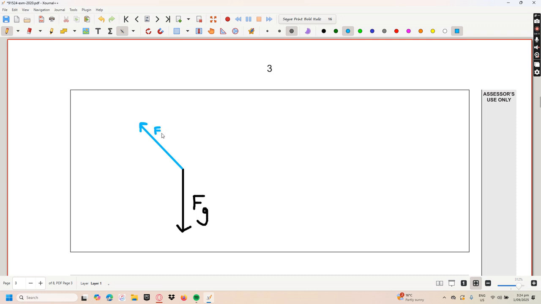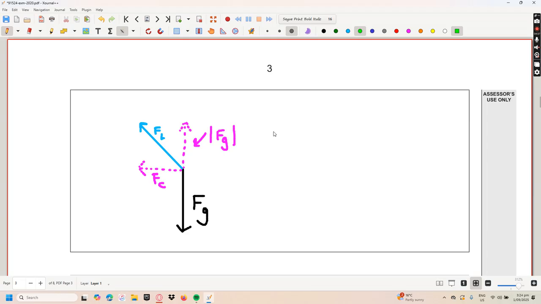We've got our lift force. This is the centripetal force inwards, and this guy here has the same size as Fg. These two dots are the components of the lift force.